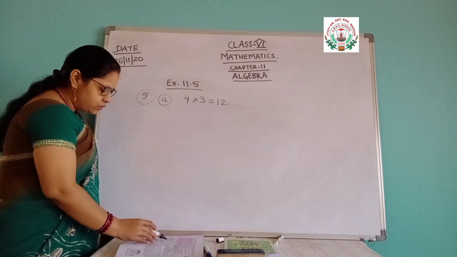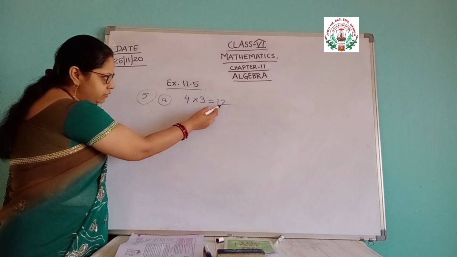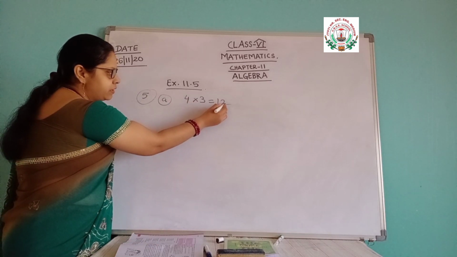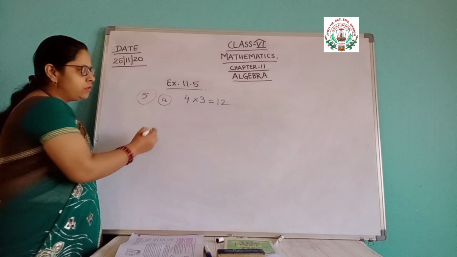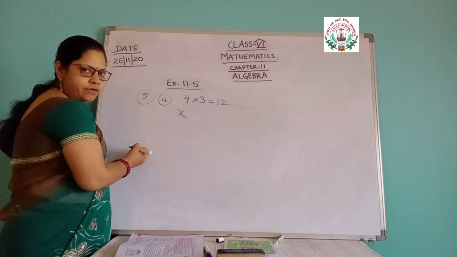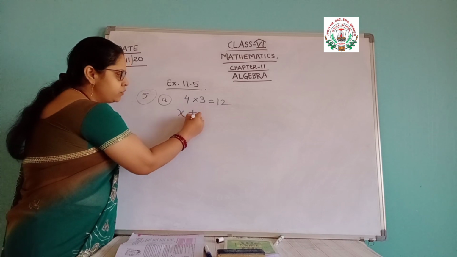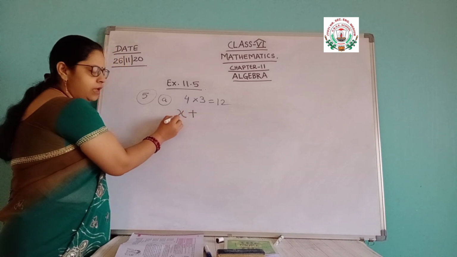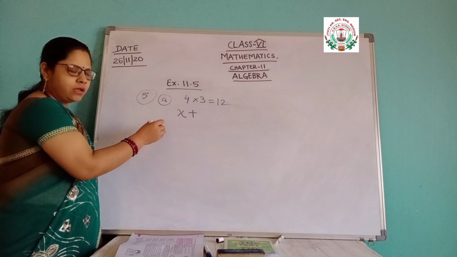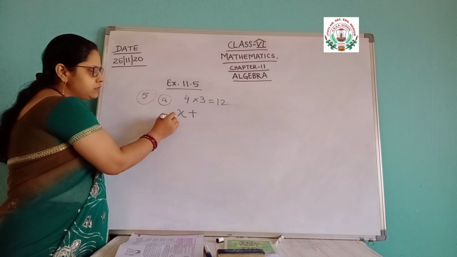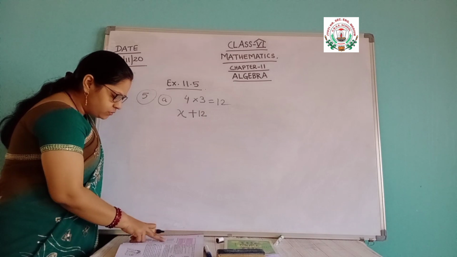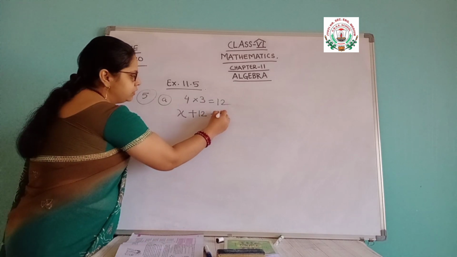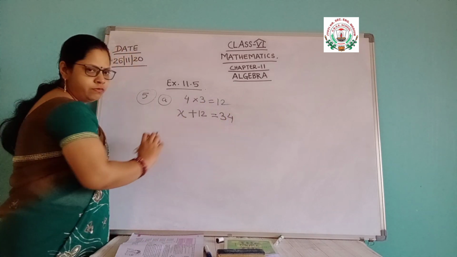Add this count to me. Add means this number you have to add to me. To me means who is that, you do not know, so take it as a variable and add it to me. This variable is talking about itself. So you are adding 12 to this, and to get exactly 34.